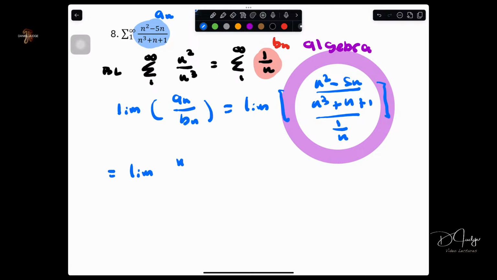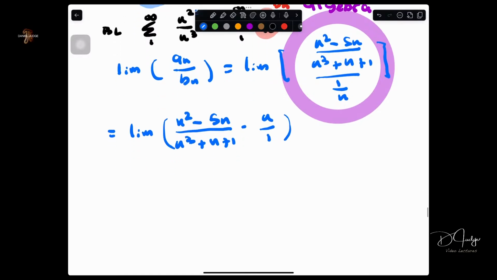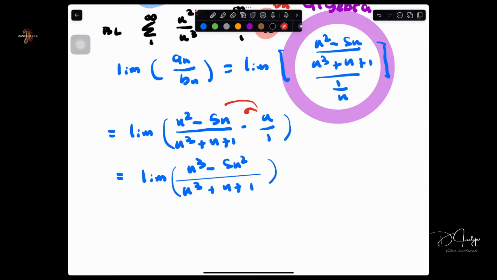The limit of (n squared minus 5n) over (n cubed plus n plus 1), that's going to be times n over 1. Which means now we get the limit of (n cubed minus 5n squared) over (n cubed plus n plus 1), because we're distributing to the numerator.